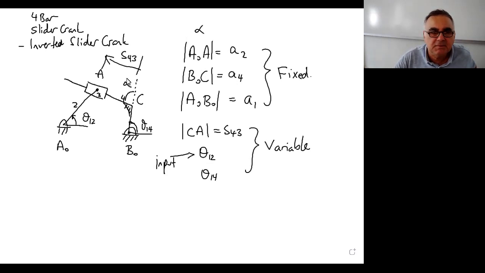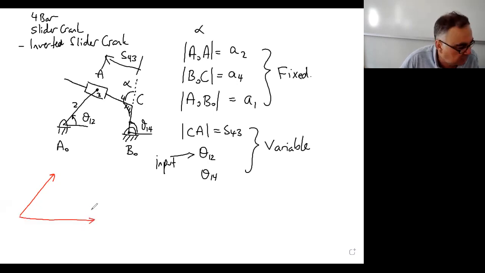So we will try to write the loop equation. Let's try to draw it here. We will say that A0A, this vector, well, let me try to draw it somewhere else. This A0A is equal to the A0B0 vector, then you have the B0C vector, and then you have the CA vector.